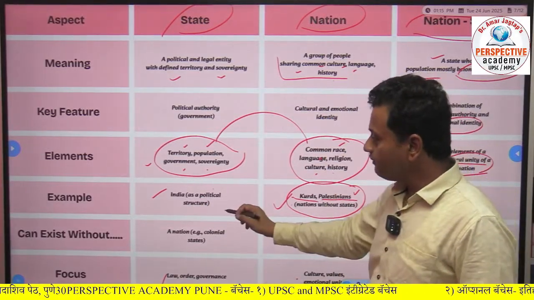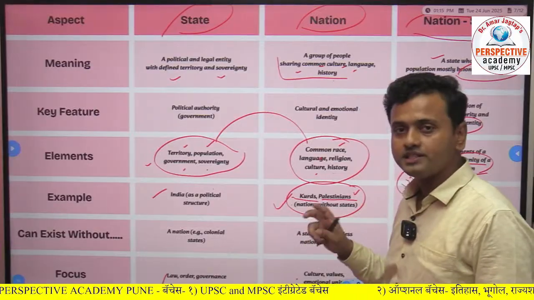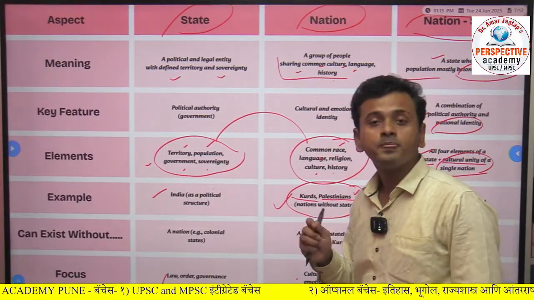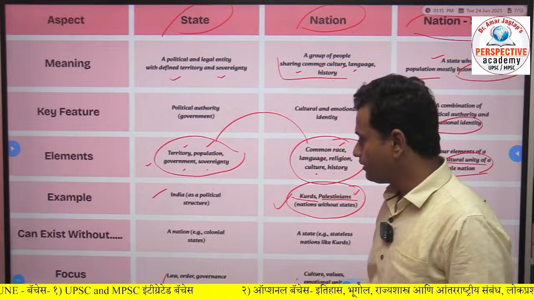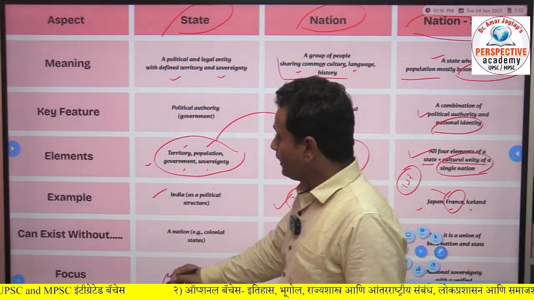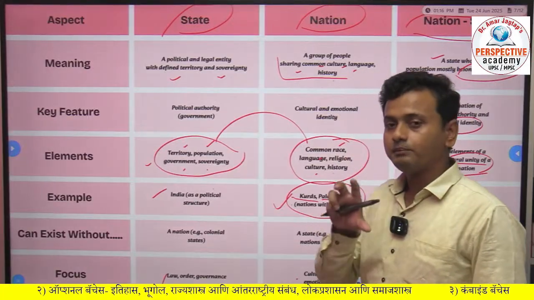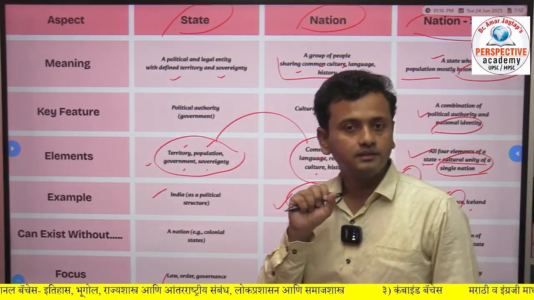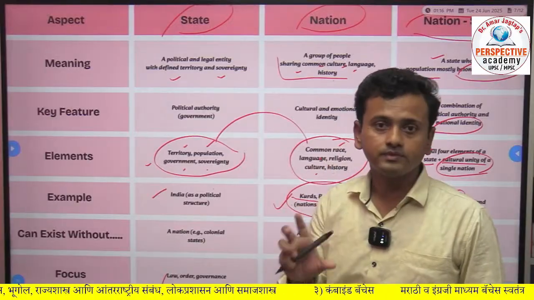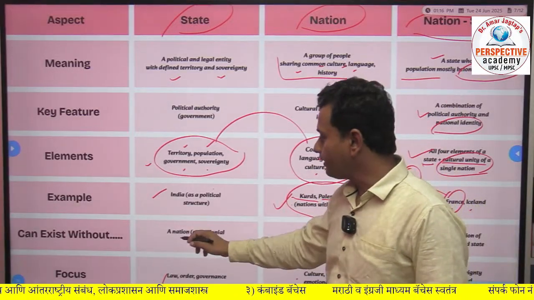Clear? But we can call India a group of nations, different nations, like different states. Right? So a state can exist without a nation. There can be a defined territory, government, sovereignty and population, like India.